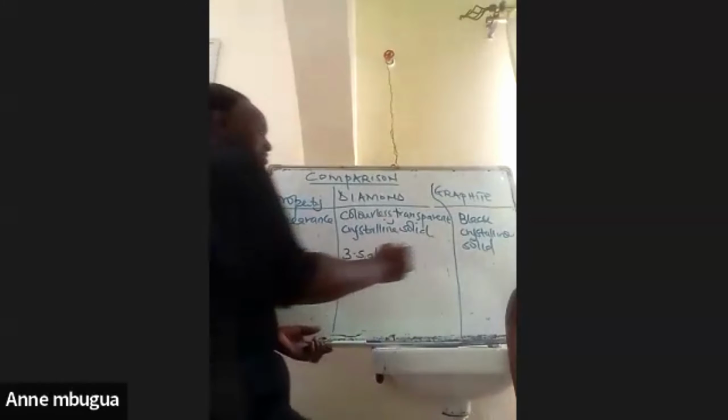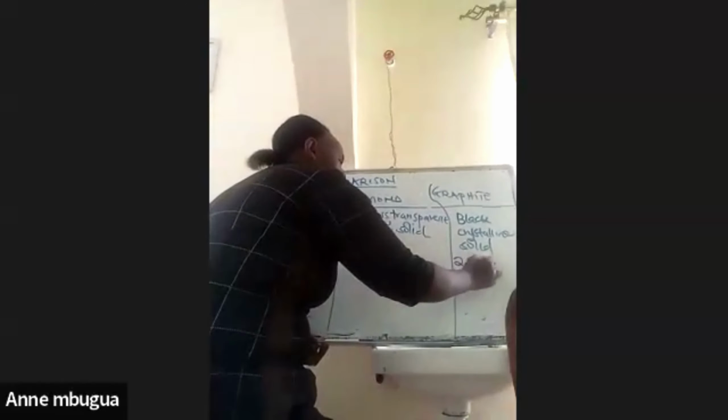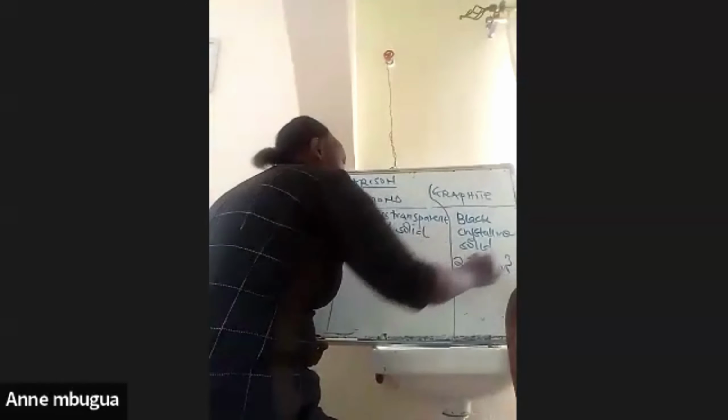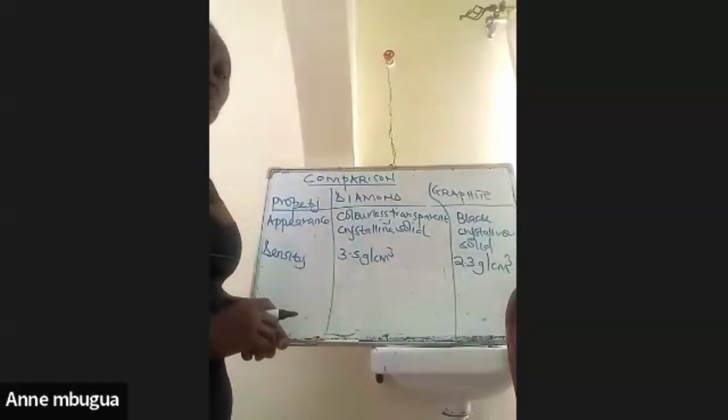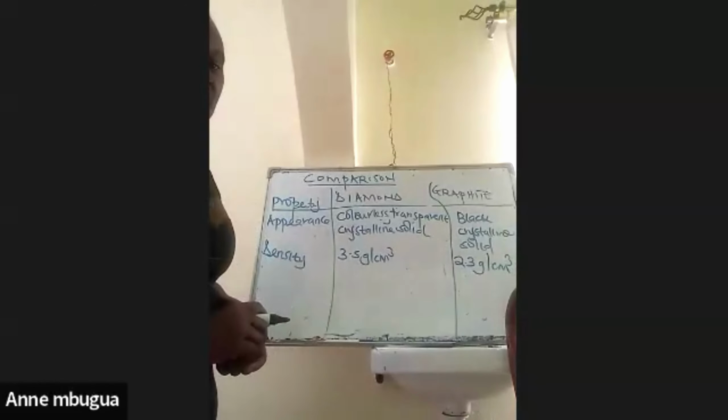The density of graphite is a bit low, 2.3 grams per centimeter cube. We've seen why.